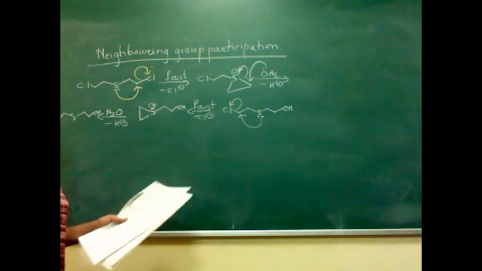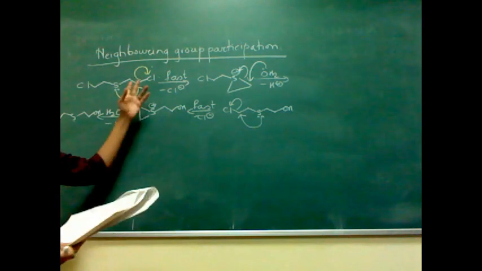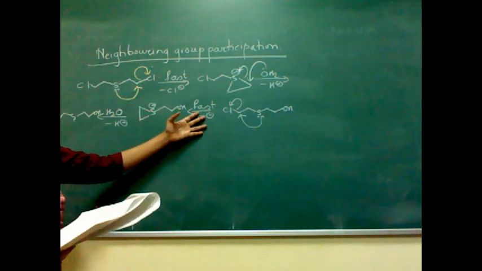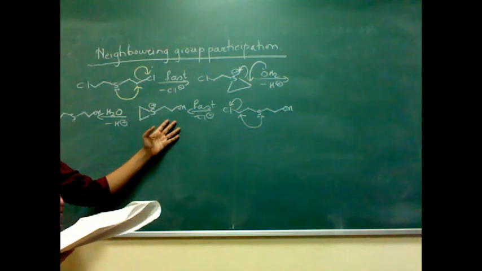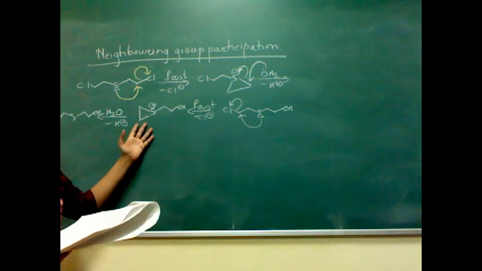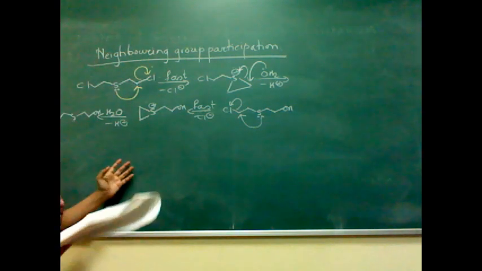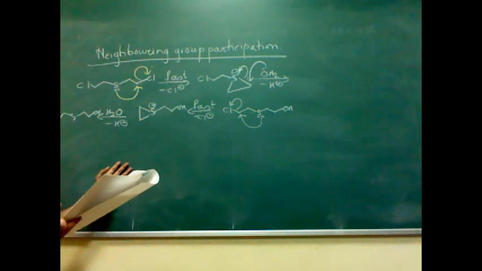So one thing you should know is, to get the chloro groups replaced by the OH group, there should be an anchimeric assistance offered, which leads to the formation of this particular structure.